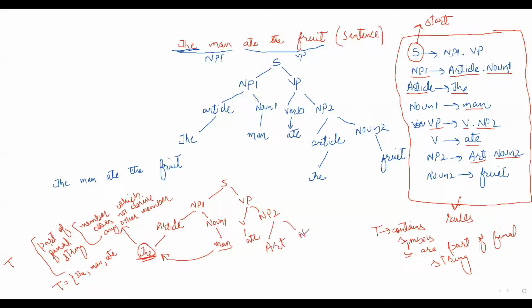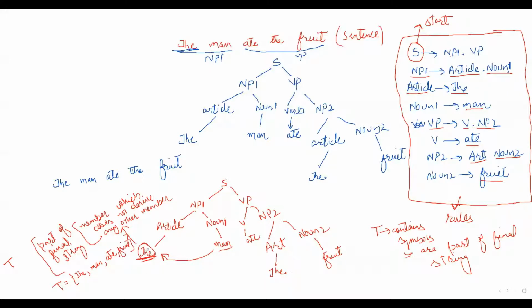As I said, we will first complete the left side, article. Noun two is right. Article can be written as the. This the also belongs to T, but we have already written it here. Noun two is fruit. This fruit also belongs to this T set.